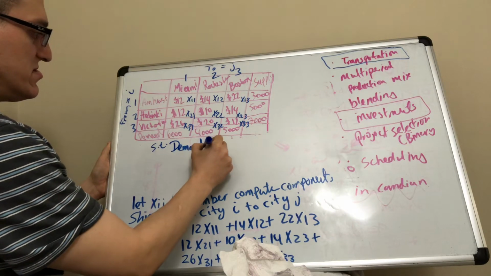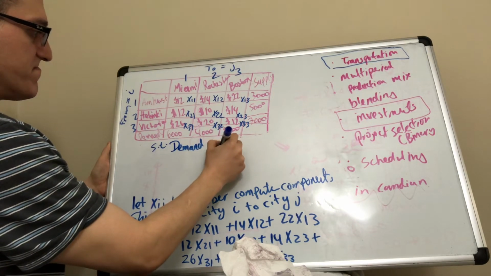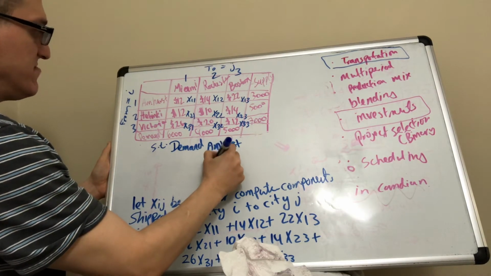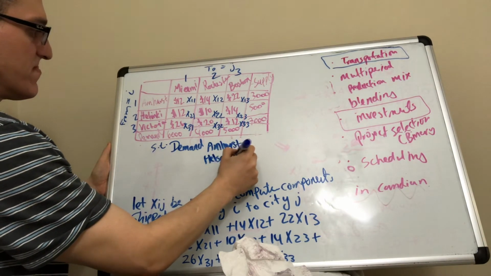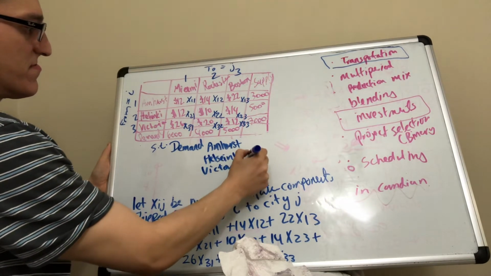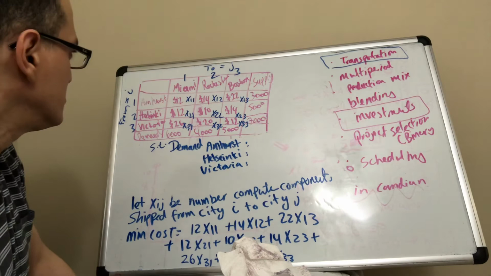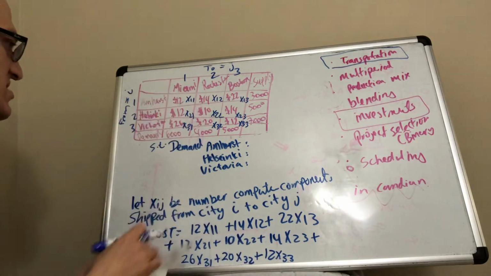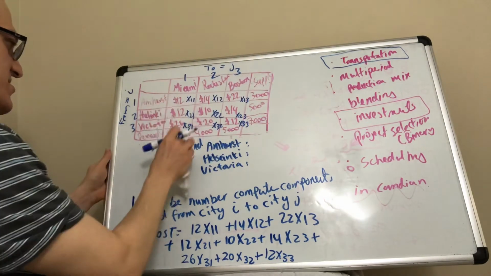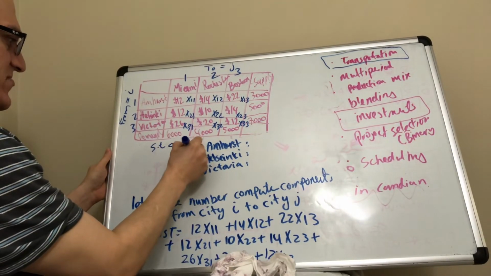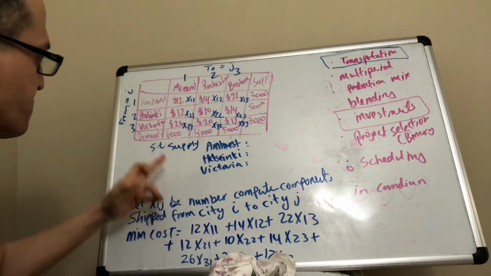Demand for first city, then Helsinki, and then Victoria. These cities, that would be your supply, sorry. So we'll start with supply, it doesn't matter. So we'll start with supply, and we have the 3 cities for supply.